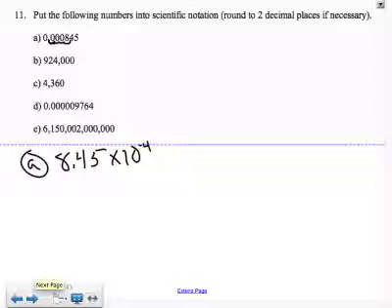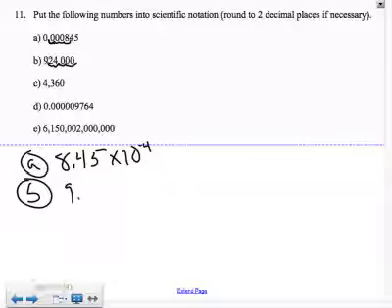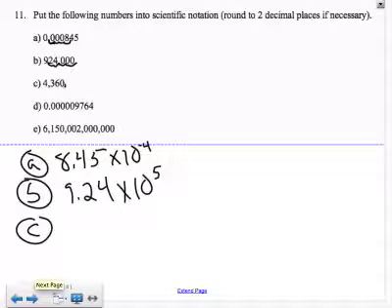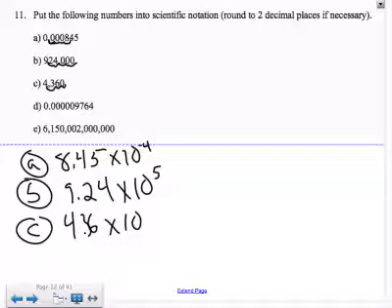So 8.45 times 10 to the negative 4th. B, I have to move 1, 2, 3, 4, 5 places to the left, and I get 9.24 times 10 to the 5. And because this was a big number, that's a positive exponent. C, you have to move 1, 2, 3 places to get 4.36. And since I moved 3 places with a big number, that's a positive 3 exponent.